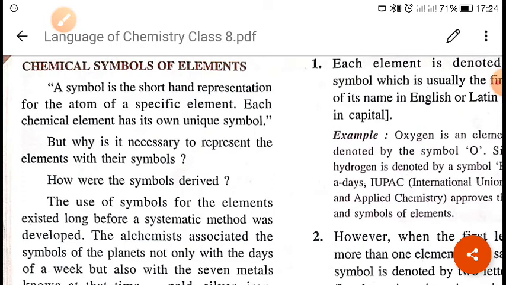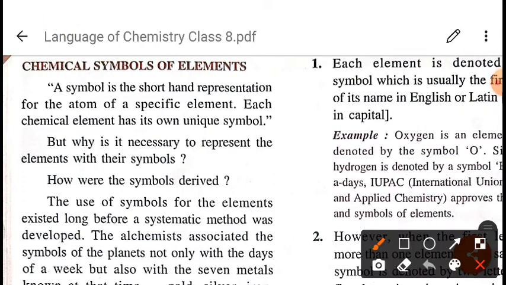But why is it necessary to represent the elements with their symbols, or we can say, how were the symbols derived? These are the two basic questions we have to think about: why there was a need to represent the elements with their symbols, and how the symbols were derived.